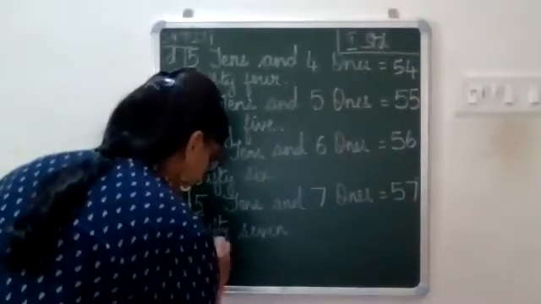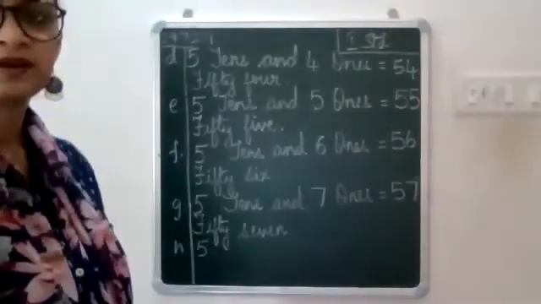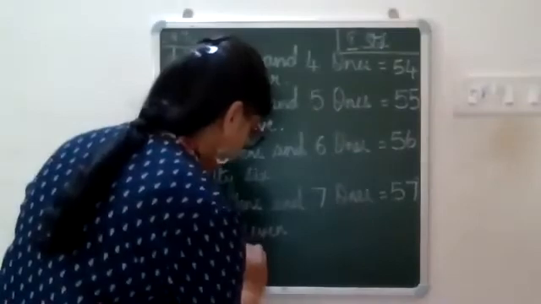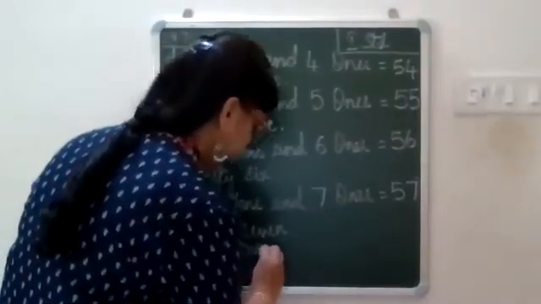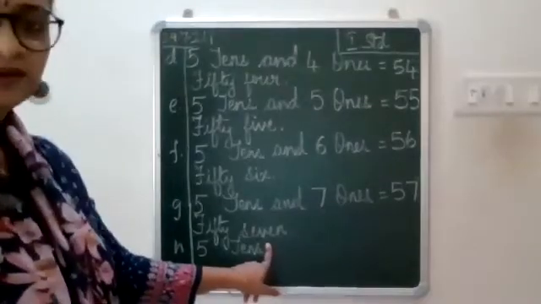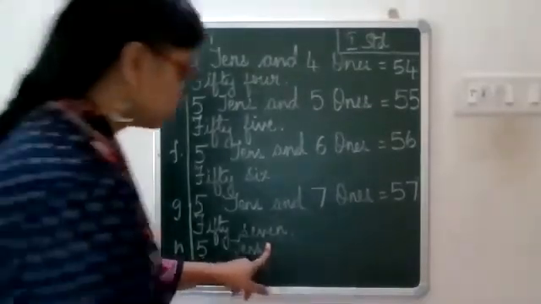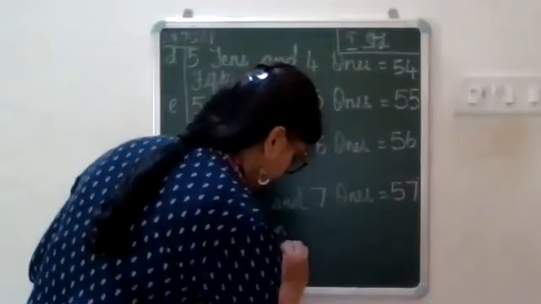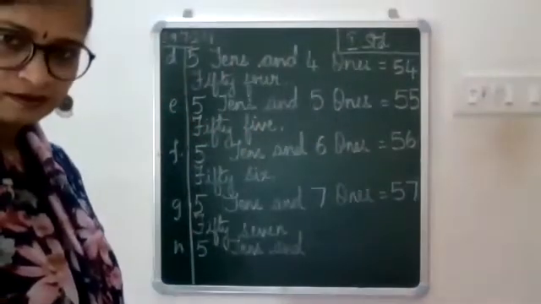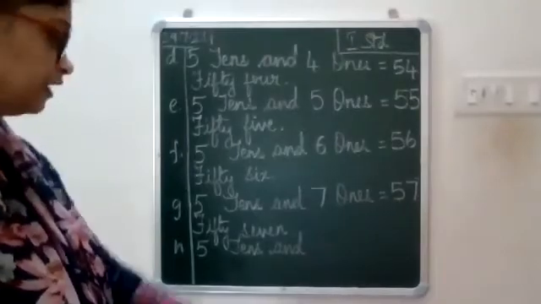Write down the number 5. Leave a finger space. Write down TENS, 5 tens. Leave a finger space. Write down AND. And 58, very good.